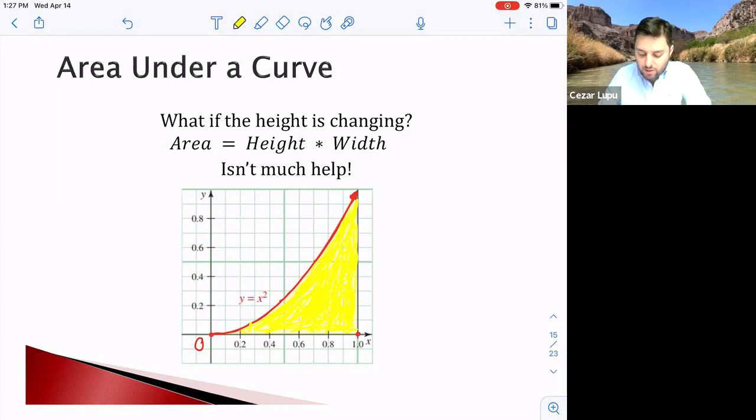What if the height is changing? What can we do? Well, if the height is changing, then the area is not the height times the width, so it doesn't help that much. But maybe we can do something. Maybe we can approximate this by some kind of rectangles. And let's see.